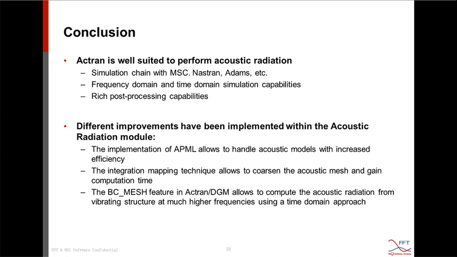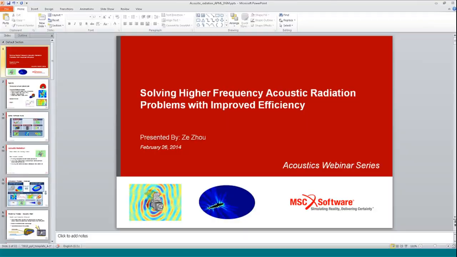And the BC mesh feature in Actran DGM allows us to compute the acoustic radiation from a vibrating structure at much higher frequencies using a time domain approach. So with that, I will close the presentation and show you very quickly the interface of Actran.